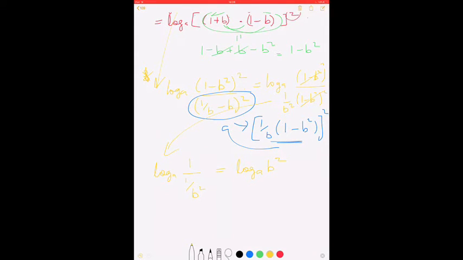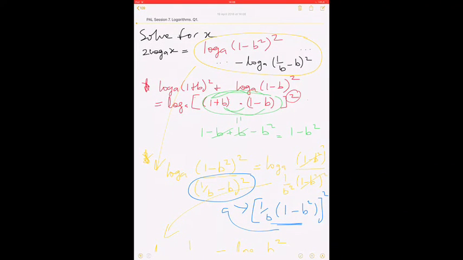Okay, so now I'm in this lovely situation. If I scroll back to the top, where I've got all of this is equal to log a b squared. So looking a bit more friendly now, isn't it?